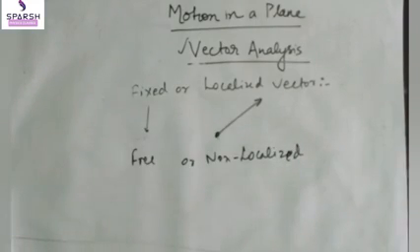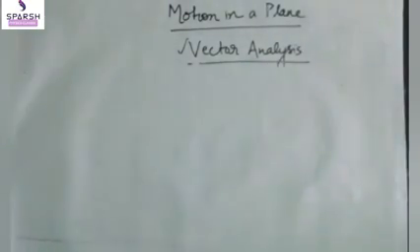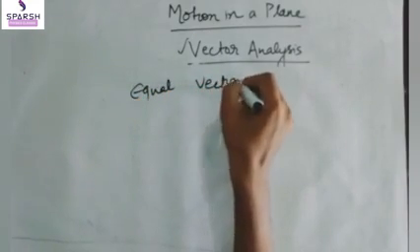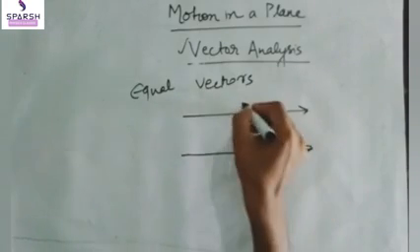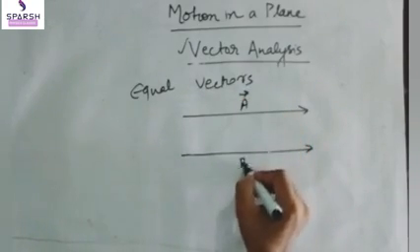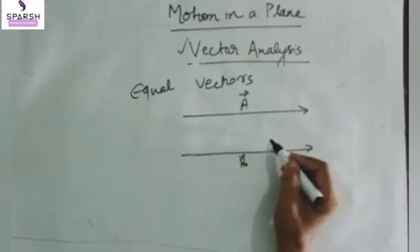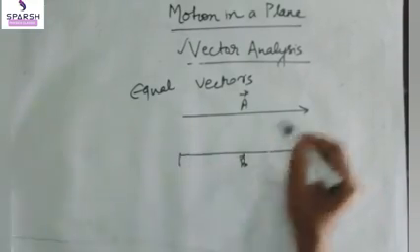Next one is equal vector. What are equal vectors? So if we draw two vectors graphically, vector A and vector B, if both the vectors have their magnitude as well as the direction the same, see, the magnitude must be same.